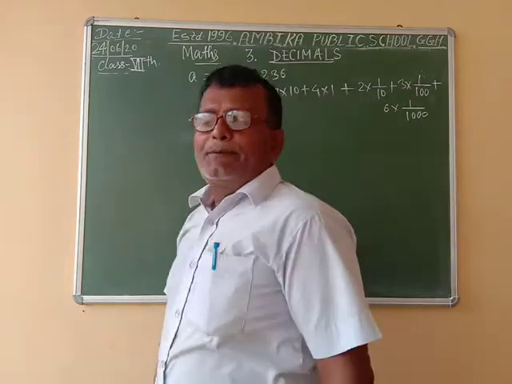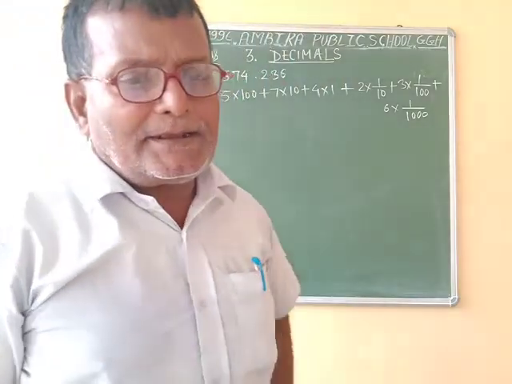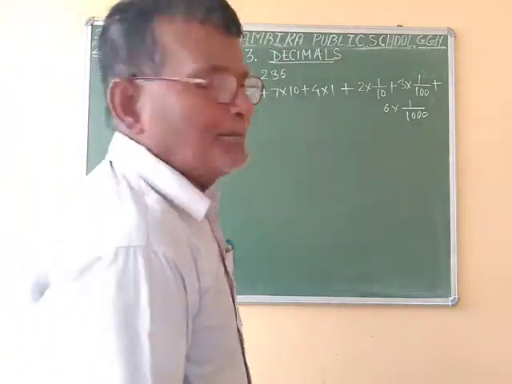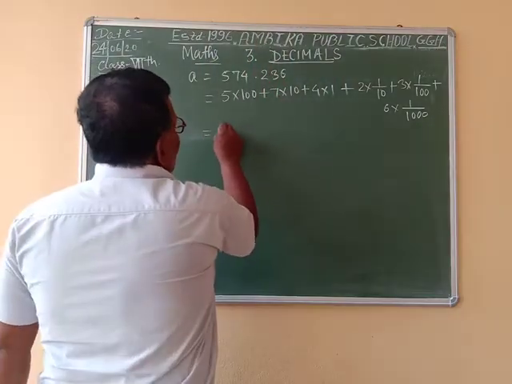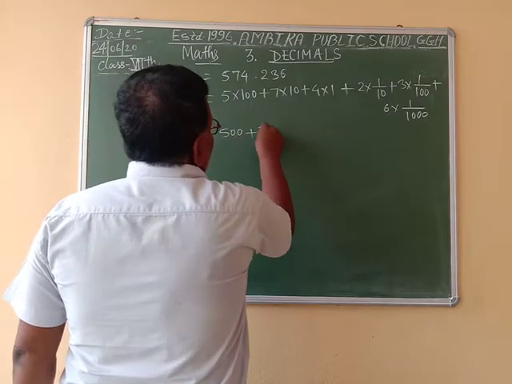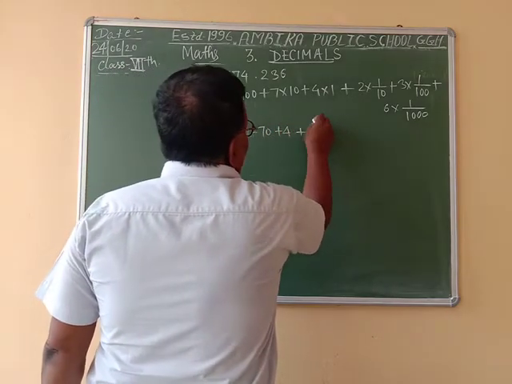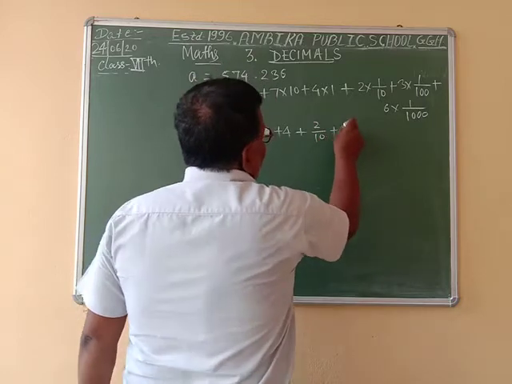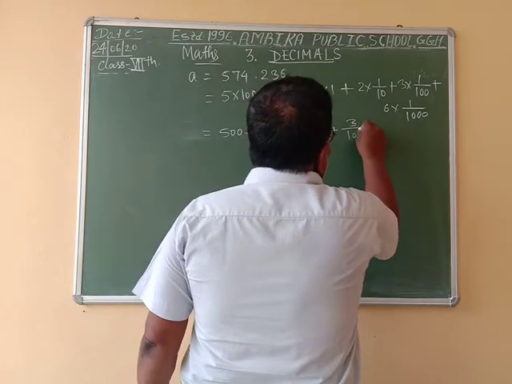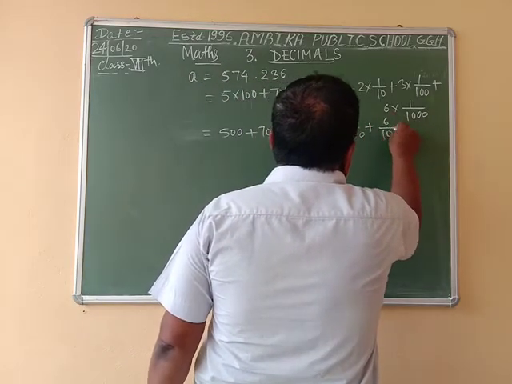So A is equal to 500 plus 70 plus 4 plus 2 by 10 plus 3 by 100 plus 6 by 1000.